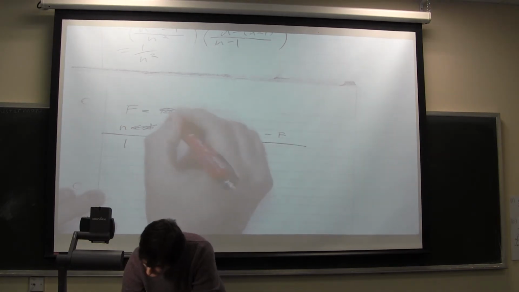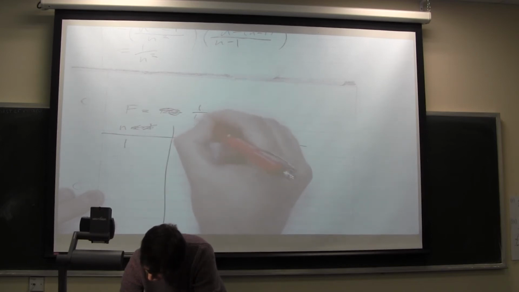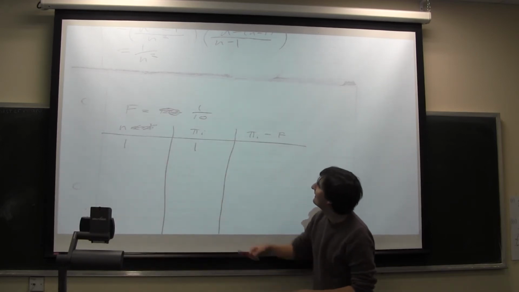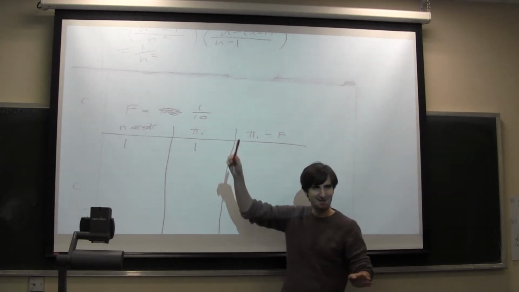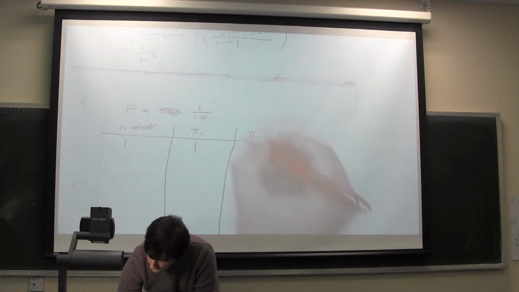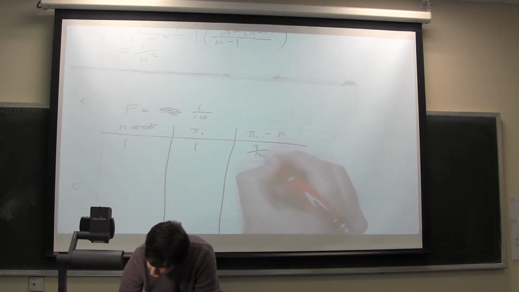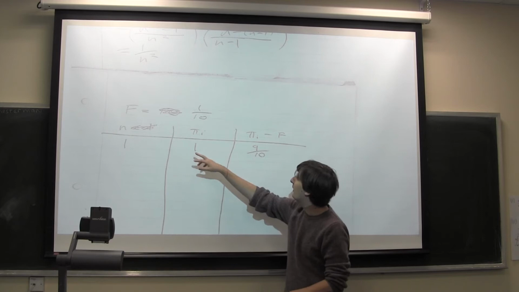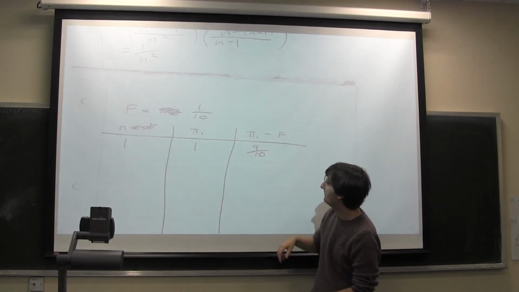I haven't thought this through. Let's have an entry cost of 1 over 10, not 10. So net profits in that case are 1 minus 1 over 10, so 9 over 10. So if only one firm entered, it would make a profit.